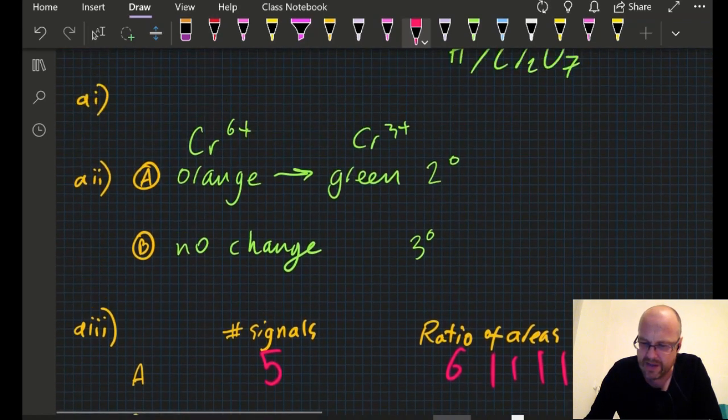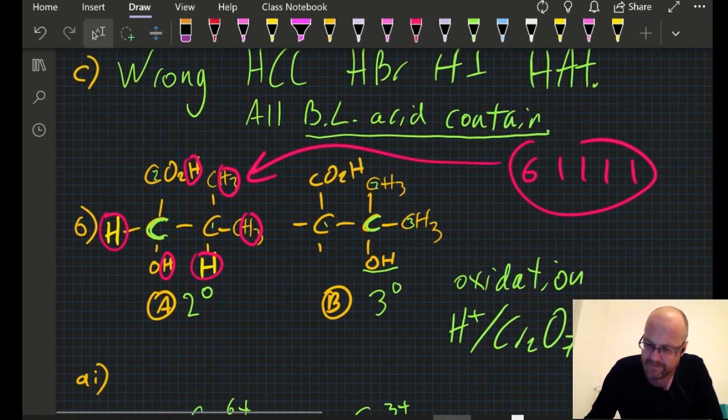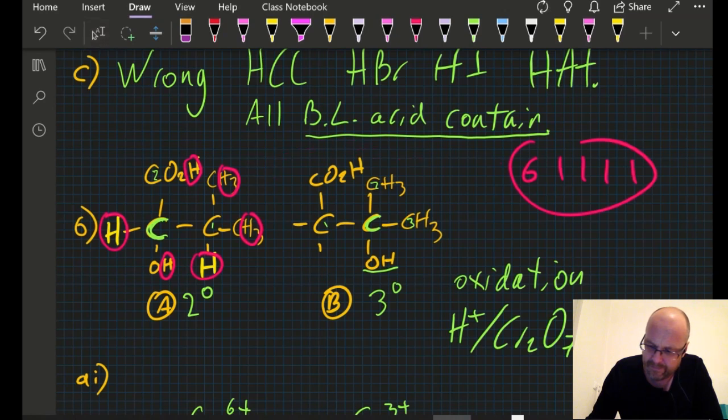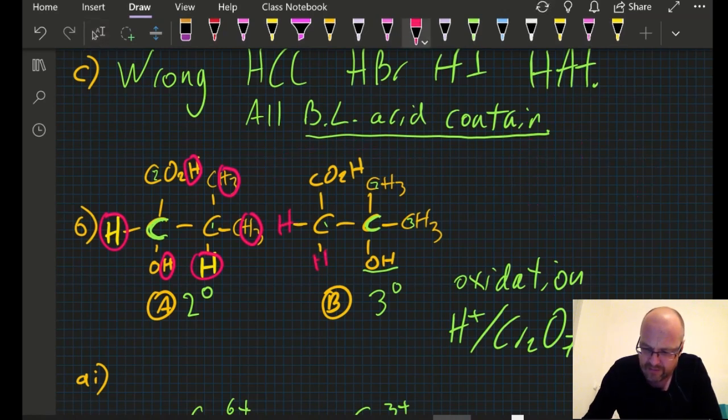Looking down at B, just fill these in. These are the same, so that's 2. These are the same, that's going to be a 6. This is different, and that's different.